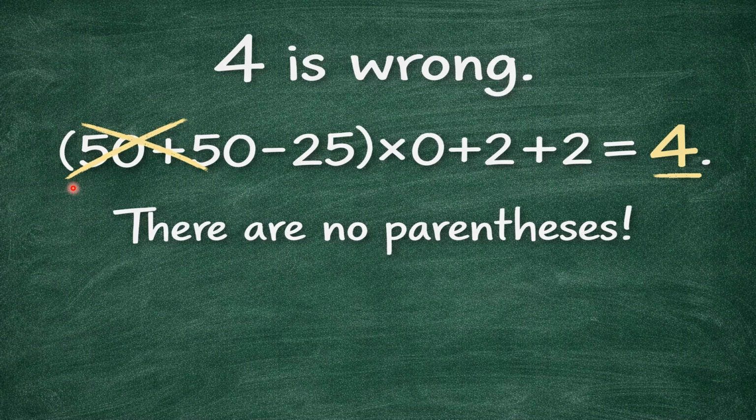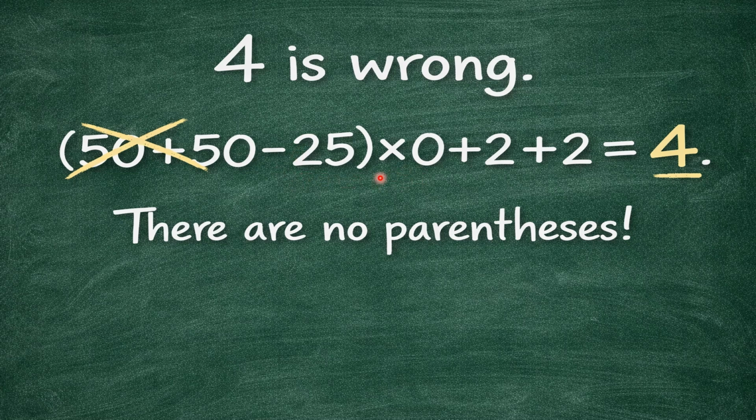All right, 4 is wrong. You would have to have parentheses around 50 plus 50 minus 25. Because remember what parentheses do. Parentheses give priority to anything inside of the parentheses. Well, we already said that without the parentheses, multiplication has precedence.